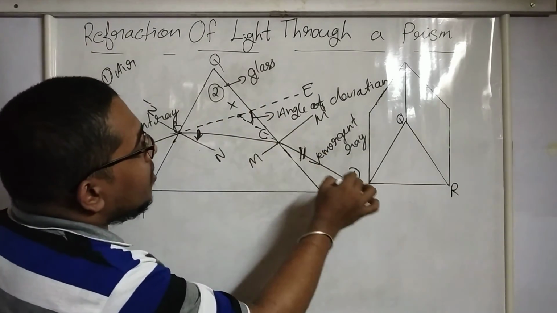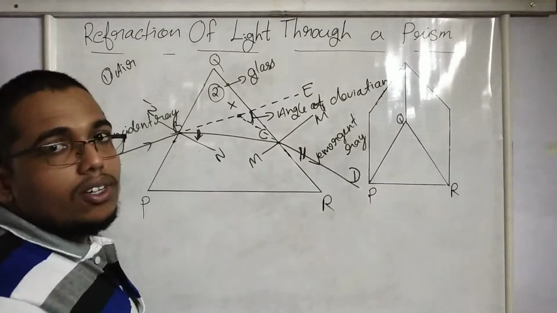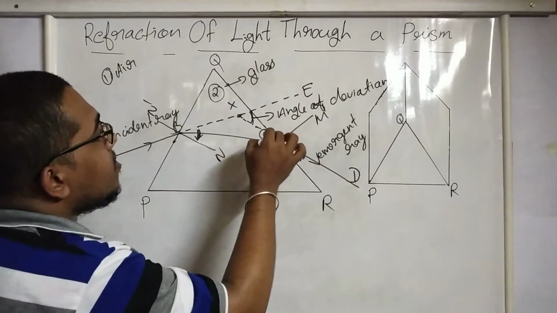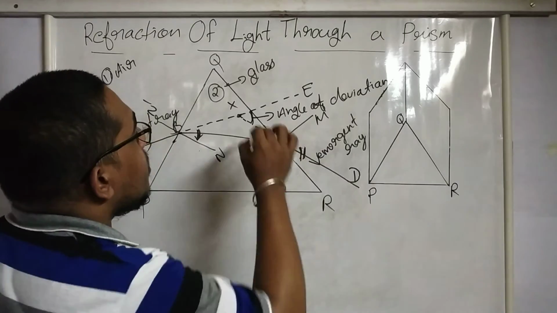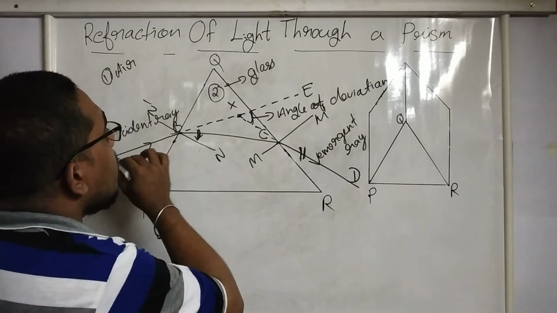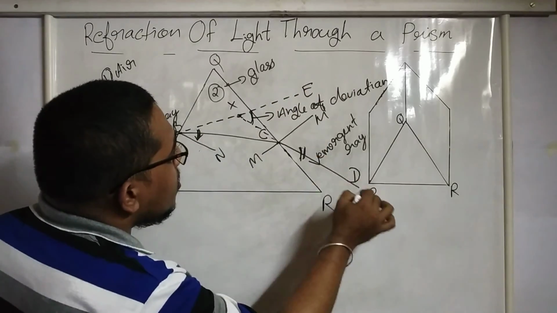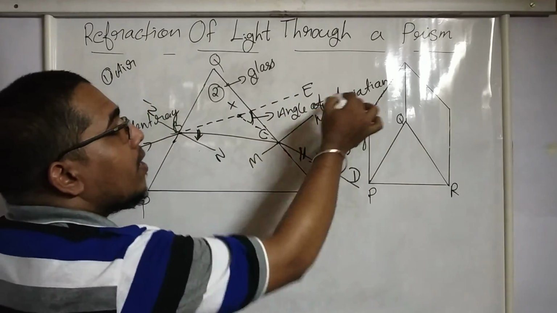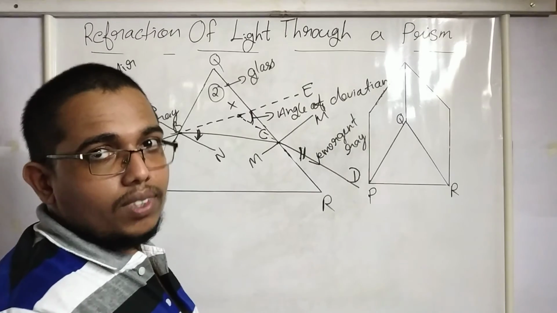We extend CD backwards using dotted lines, and these two extended lines meet at a particular point called X. The angle between the incident ray and the emergent ray is what we call the angle of deviation. Clear?